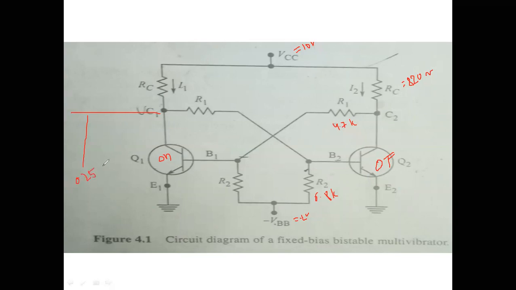Similarly, VBE SAT is nothing but here, and this will be 0.87.